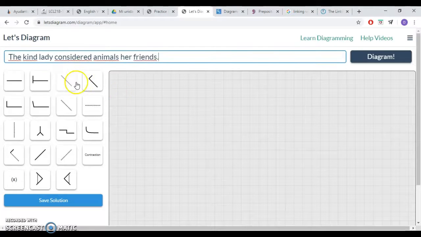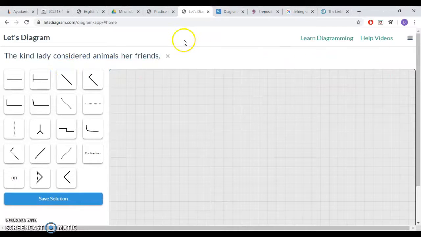Now, similar to the transitive verbs, we have 4 elements, but we always have to keep an order. So we have to identify the subject. In this case it is the kind lady. We have a noun phrase here.